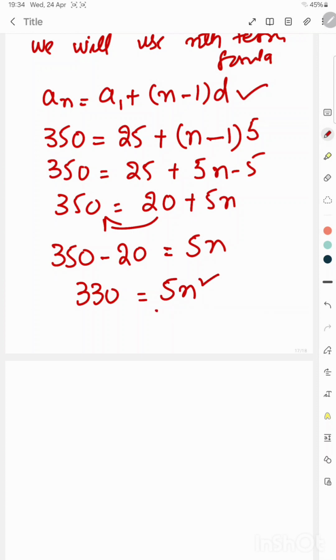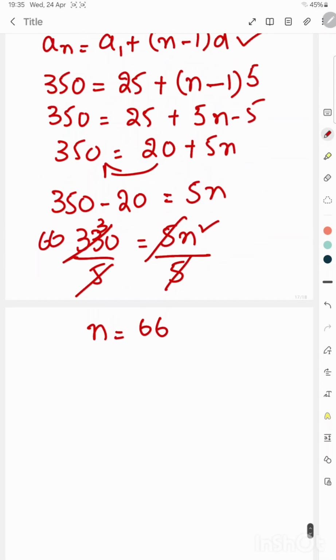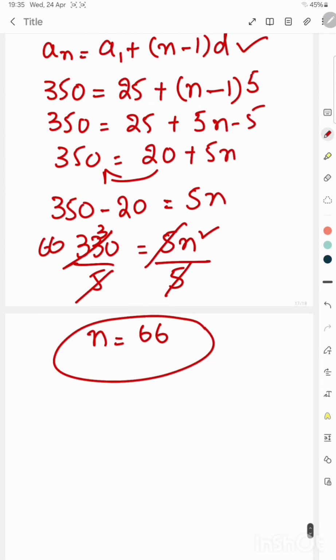As we have to find the value of n, you just have to divide by 5 on both sides of the equation, and here we get n is equal to: 5 ones are 5, 5 sixes are 30, and 5 sixes are 30. So here n is equal to 66. So we have just found the value of n.